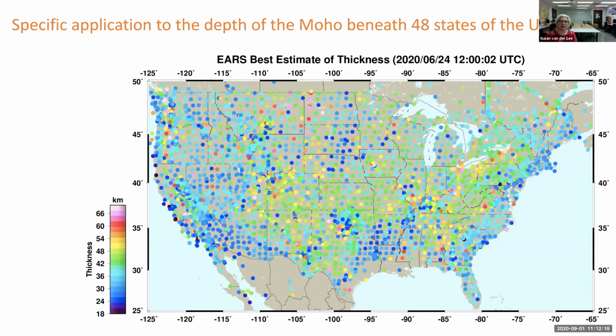And every colored dot here represents an estimate of the MOHO depth beneath that seismic station at that location where that dot is. And that MOHO depth estimate was made by a receiver function study, right? So these are sort of similar data that we heard about last week from Dr. Lowry. So that is our specific application.